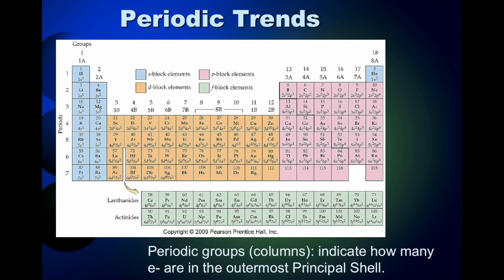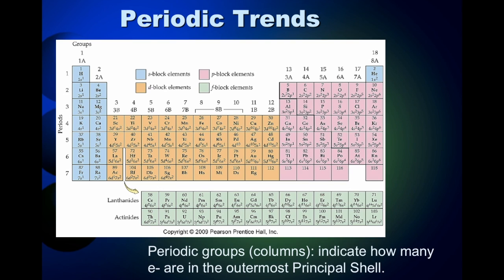All right, so if we look at the periodic groups, which are columns in the periodic table, it indicates how many electrons are in the outermost shell. So for group 1A, there's 1 electron. For group 2A, there's 2 electrons.